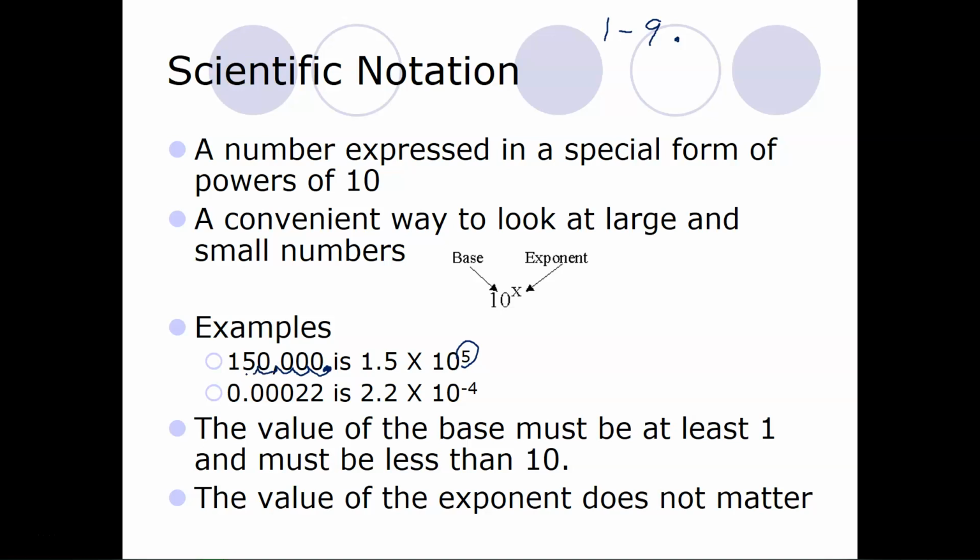I've now got some numbers in front of that decimal, but there's only supposed to be no more than 1. So I can't have 15. I have to move it forward one more place. So I've now moved my decimal 5 places, 10 to the 5th, and my decimal is falling between my 1 and my 5. So I get 1.5 times 10 to the 5th. Does that make sense?